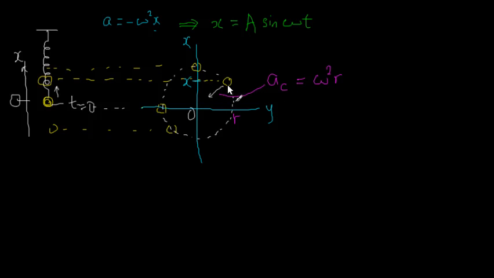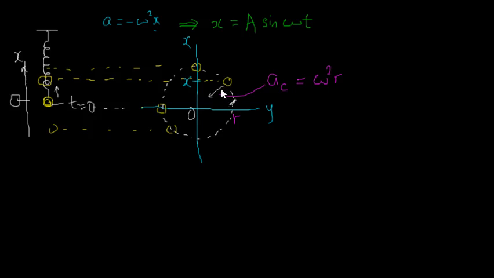Now, if I want to find the vertical acceleration of the ball, the acceleration of the ball along this direction, all I need is to find the vertical component of this vector. So think of this as a vector, and we can resolve this into two directions, the vertical and the horizontal.